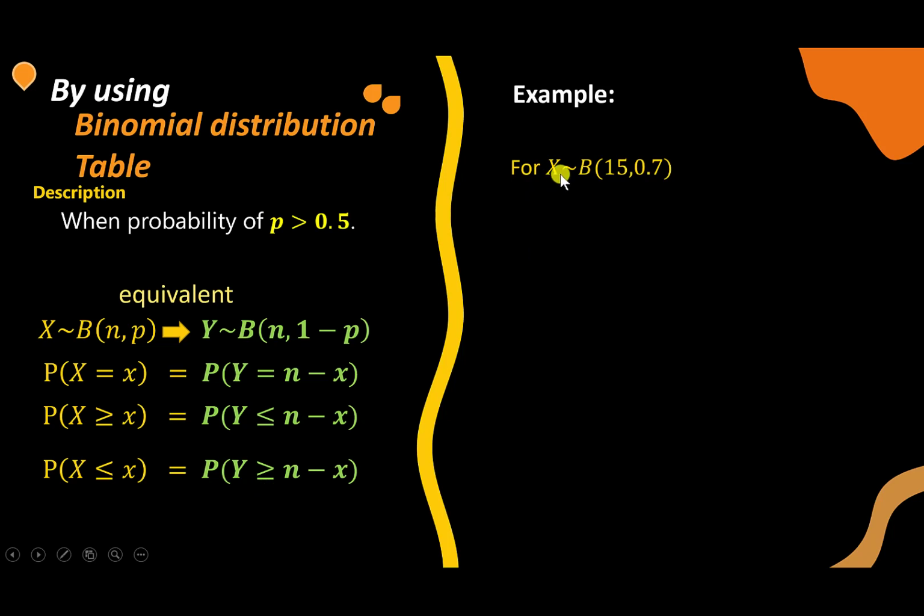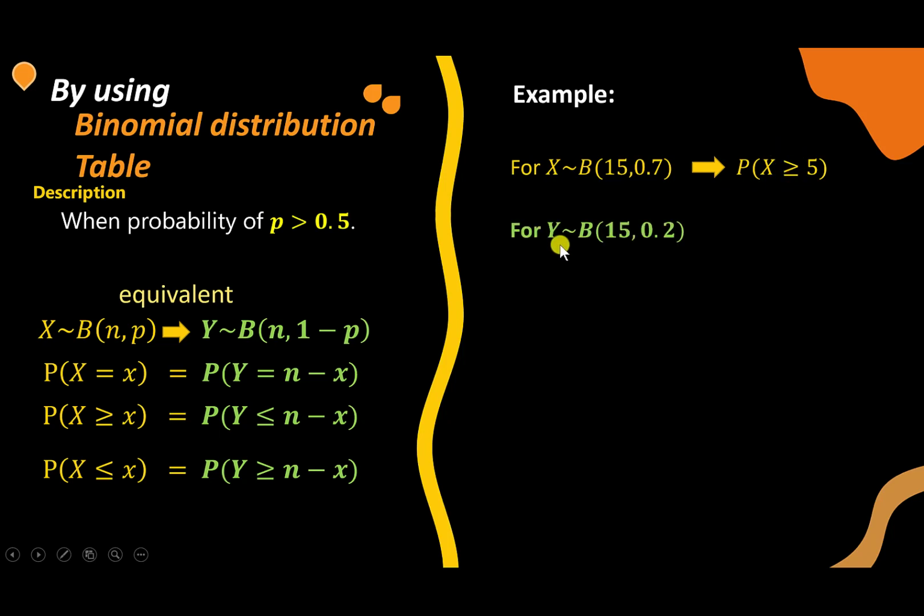For example, if X is binomially distributed with N 15 and P is 0.7, and assume the question is to find the probability X greater equal than 5. The notation here is greater equal, so it already has the equal sign.